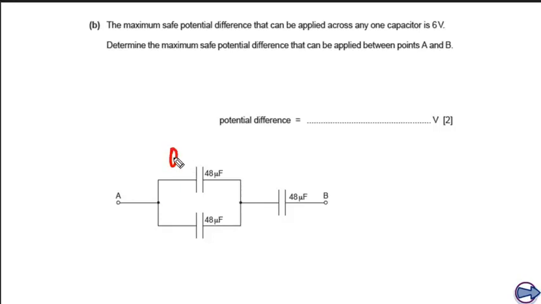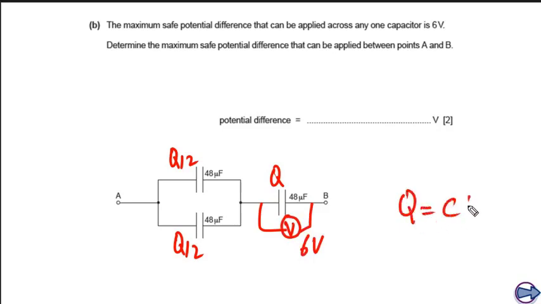As the charge on this capacitor is Q by 2, the charge on this capacitor is Q by 2, and the charge on this one is Q, the voltage across this one, as we have already discussed, is 6 volts. Now we can also understand Q is equal to CV.